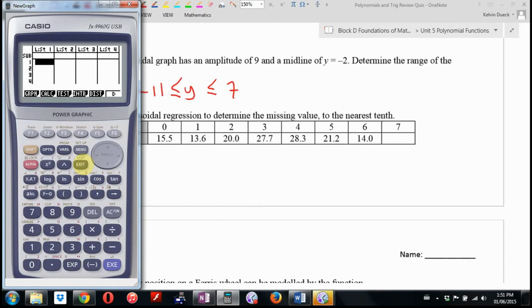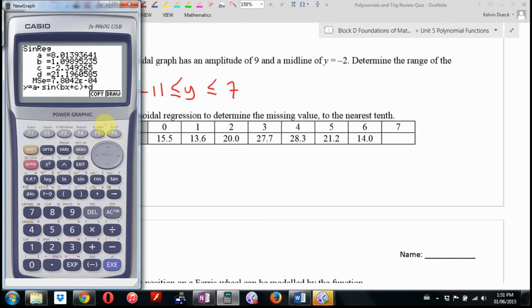Clear that. 0, 1, 2, 3, 4, 5, 6. 15.5, 13.6, 20, 27.7, 28.3, 21.2, 14. Graph. Looks like it could be a parabola or sine curve. Calculate. It does say use sinusoidal regression, so we'll do it as a sine curve.